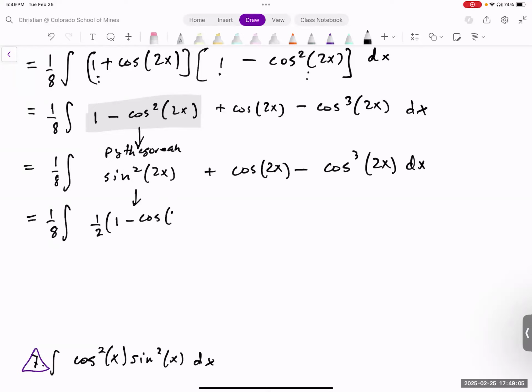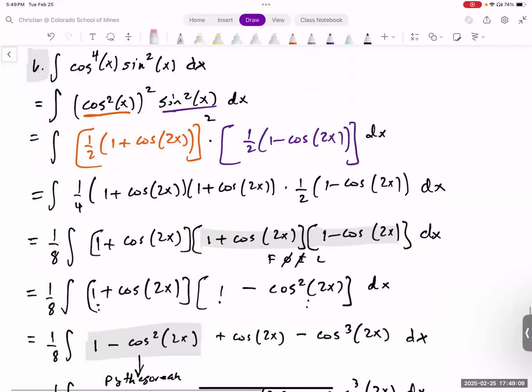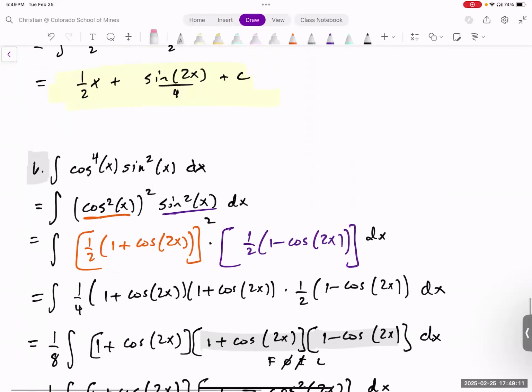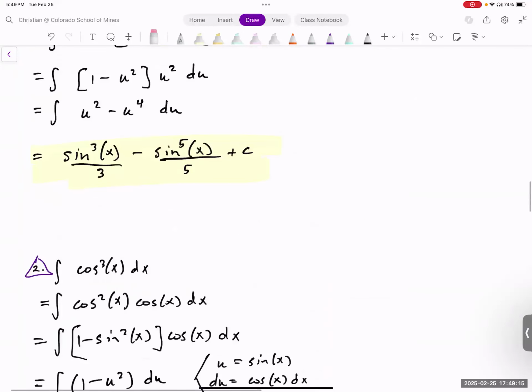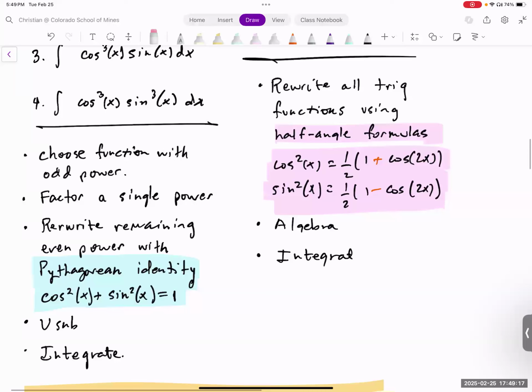Let's scroll back to our half-angle formulas. Yeah, okay, so look at your sine squared of x or cosine squared of x. Whatever the input is, x, it gets doubled in the input on the right side.